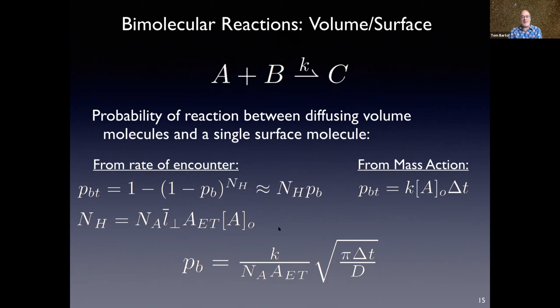But it turns out that MCell is extremely well behaved even when PB approaches 1. If PB is less than half, we get only about 5% error, and when PB approaches 1, we only get about 10% error in the simulation, which isn't too bad.